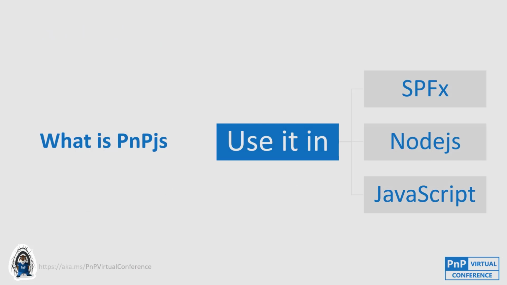Okay, so PnPJS can be used in a bunch of different ways. Not only can it be used in your SharePoint Framework projects, which could include things that would be deployed into SharePoint or Teams, or now as an Outlook add-in, but it also can be used in your server-side code when you're using Node.js, and it also can be used in your SPA applications that are outside of the SharePoint or Office 365 landscape, and just your straight up web applications that are written in JavaScript or TypeScript.